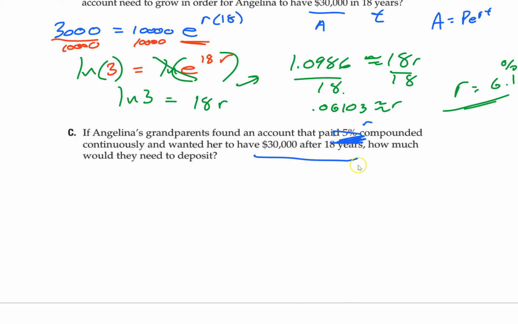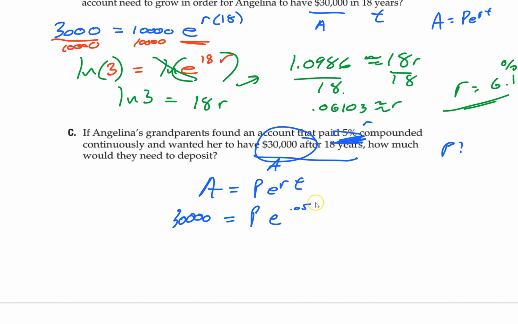So assuming they did it when she was born, how much would they deposit at the very start? So again, same kind of idea. Pert. They want her to have 30 grand at the end. We don't know how much they want to deposit, so that's our P. We're looking for P this time. I have everything else: r is 0.05, and I've got 18 years.